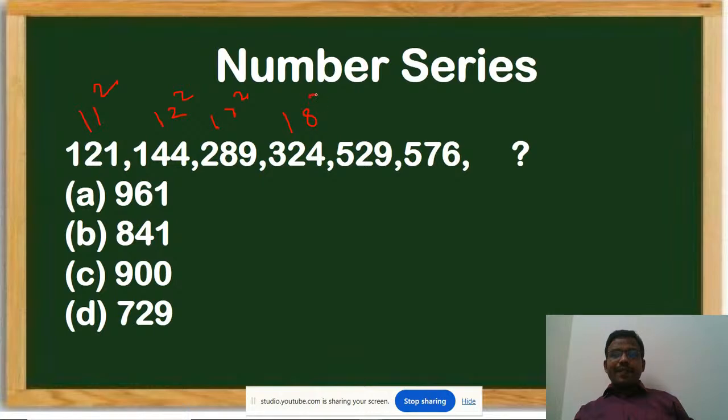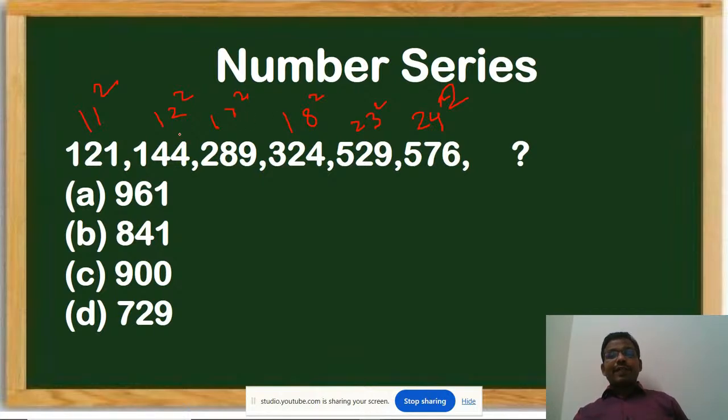529 is a 23 square and 576 is a 24 square. So 11 square, 12 square sequence, 17 square, 18 square sequence, 23 square and 24 square also sequence. So two sequence numbers compulsory, but 12 to 17, 18 to 23.